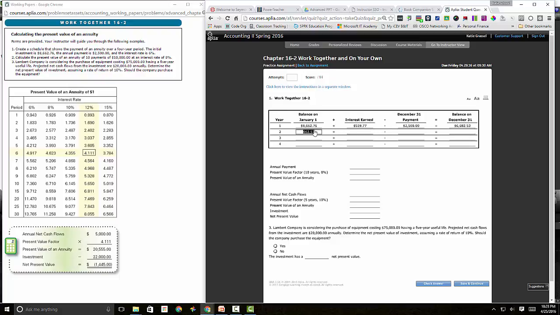Oops, missed a number. 6,682.53. That number, again, we're going to multiply by our 6% interest, so $6,682.53 times 6% is going to give us interest earned of $400.95. Add those two numbers together, subtract my annuity payment of $2,500, and that's going to give me $4,583.48. That number goes here. Multiply that by our 6% interest.